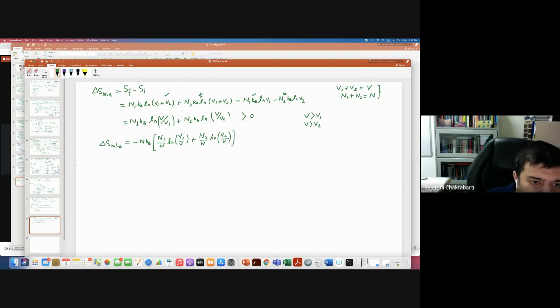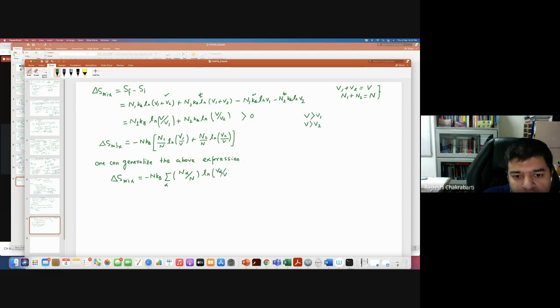And one can generalize the above expression actually. This generalization would be something like you have alpha components, more than two components. This is generalized expression for your mixing entropy.